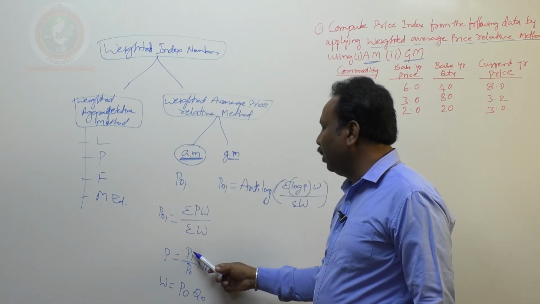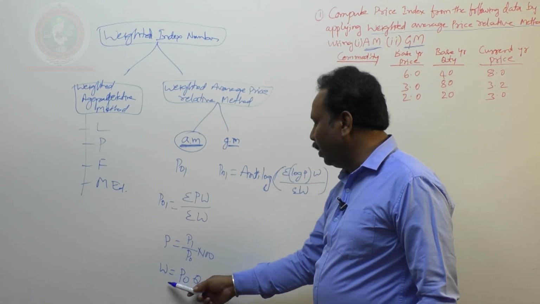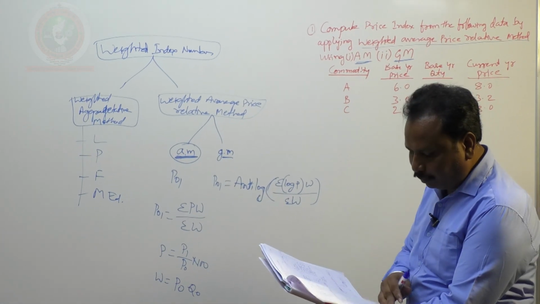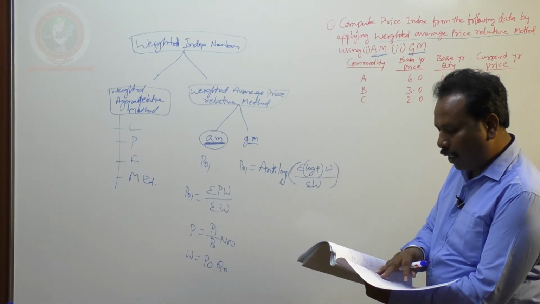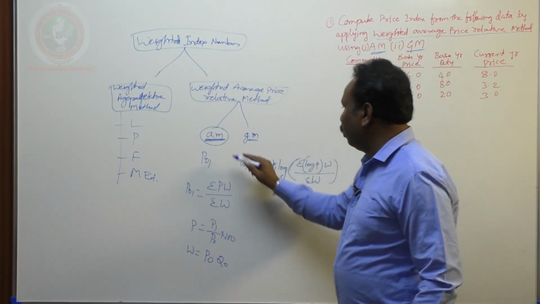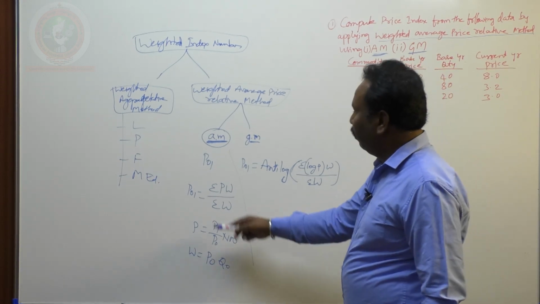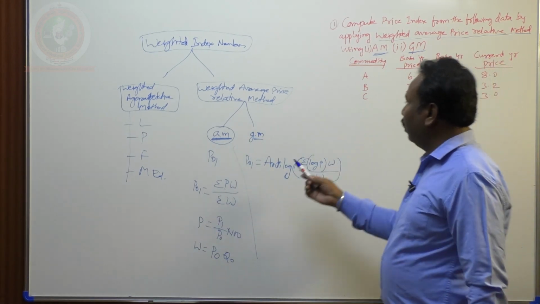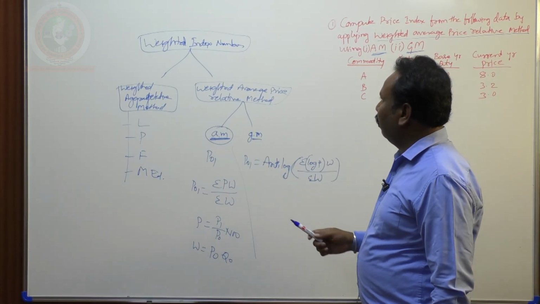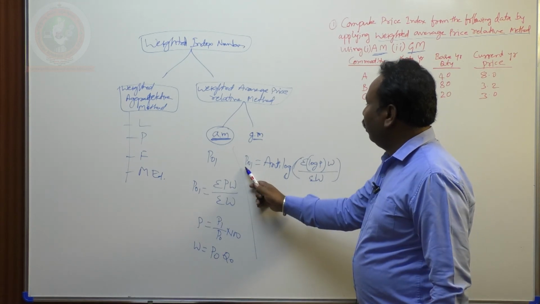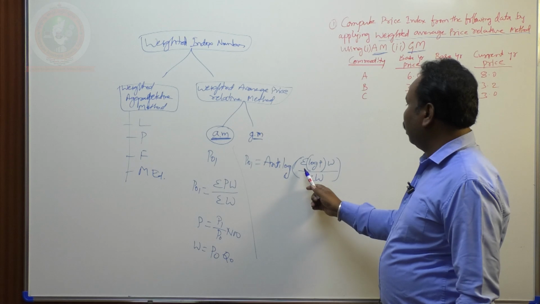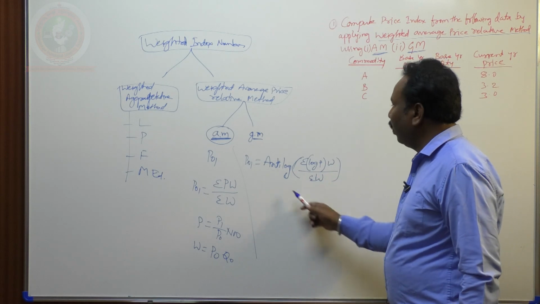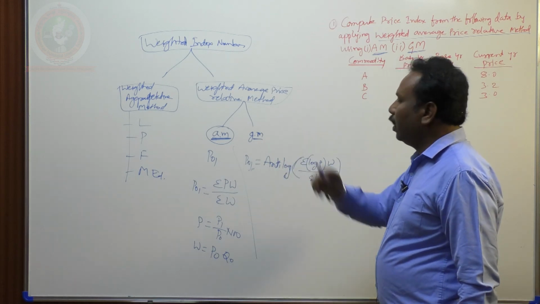P is calculated as P1 divided by P0 into 100, and the weights are calculated based on P0 into Q0. Simplifying, we get the arithmetic mean index value. The geometric mean index value equals the antilog of summation of log P into weights divided by summation of weights. Simplifying this, we get the index number under the geometric mean.